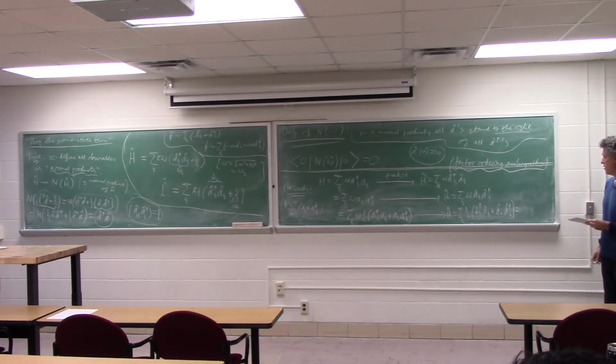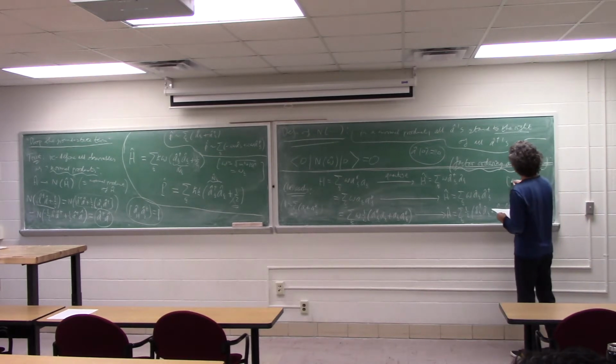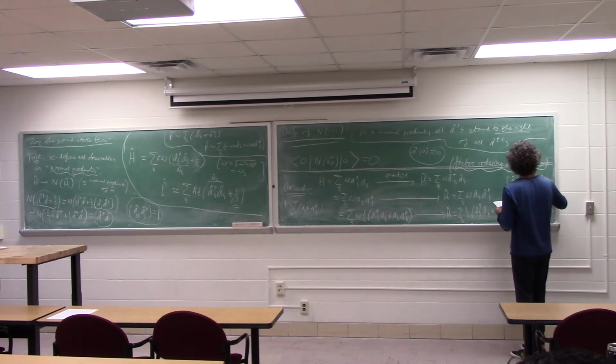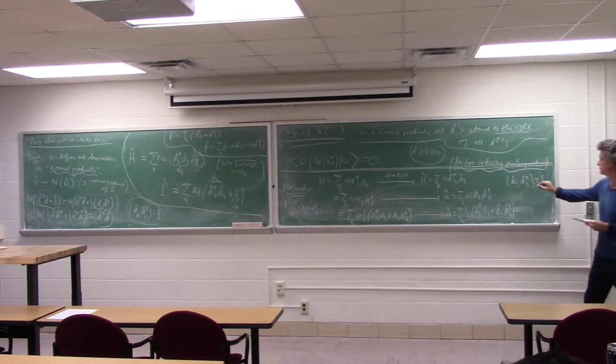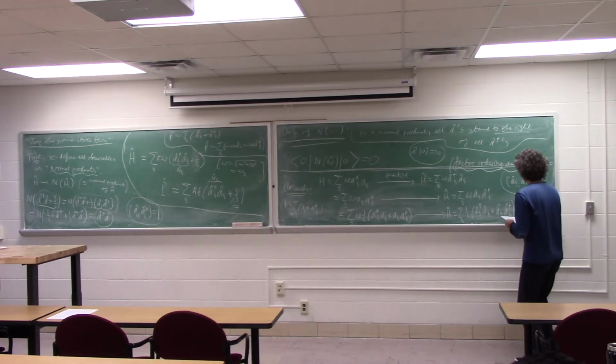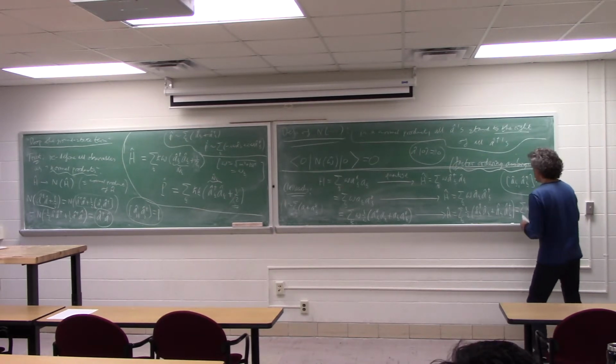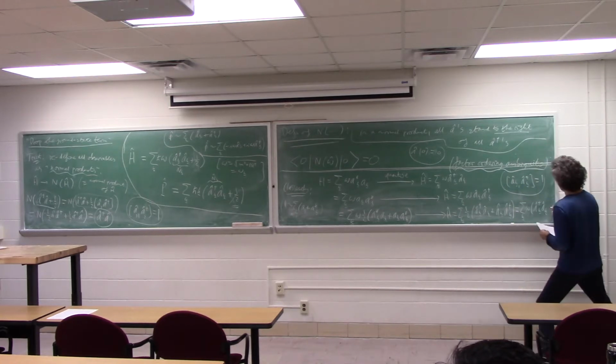All right, and now I use the fact that the commutator of A hat k and A hat dagger k is 1. And so I can rewrite this expression as the sum over k of omega, A hat dagger k, A hat k, plus 1/2.